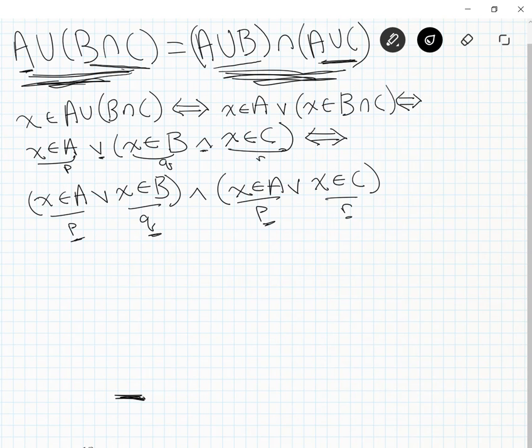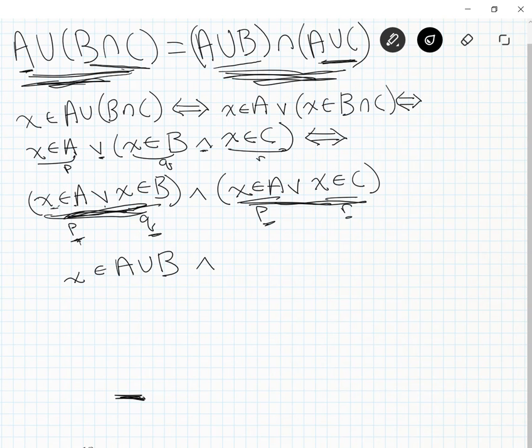Okay, but what does this mean? What does this right here mean? It means X is in A or X is in B. That means X is in the union of A and B. And what does this mean?